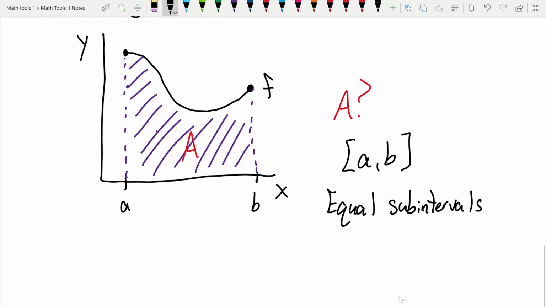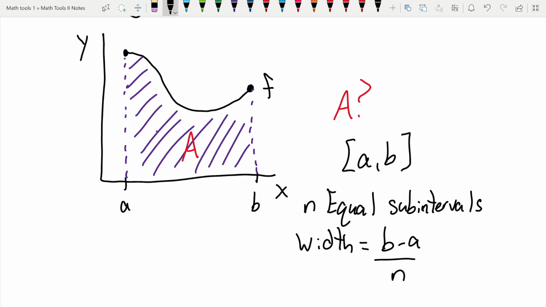So say we divide it into n subintervals. If we divide it into n equal subintervals, then the widths of all of those subintervals will be b minus a divided by n.